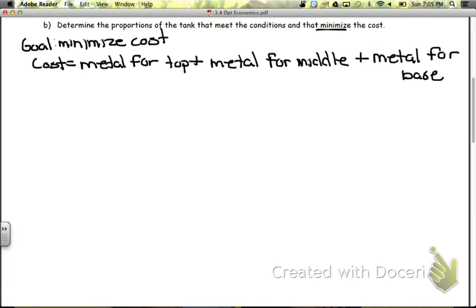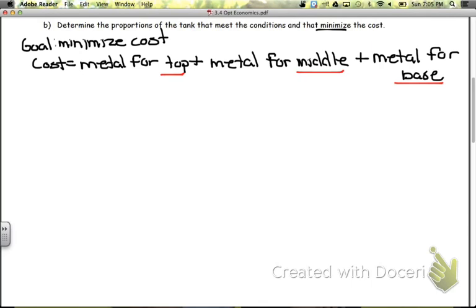So when we're doing this, we need to make sure that we're looking at the top, middle, and base. And why I'm highlighting those is because we have a cost for each of those, and that cost is different for the top, middle, and base.